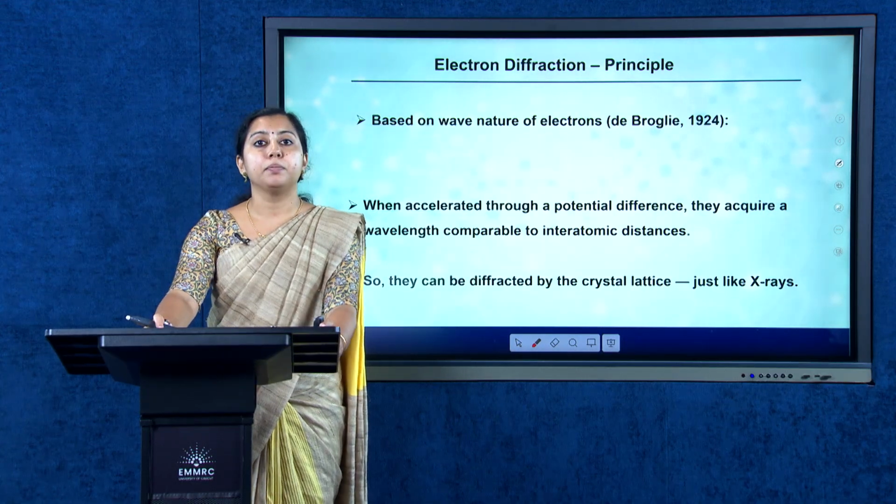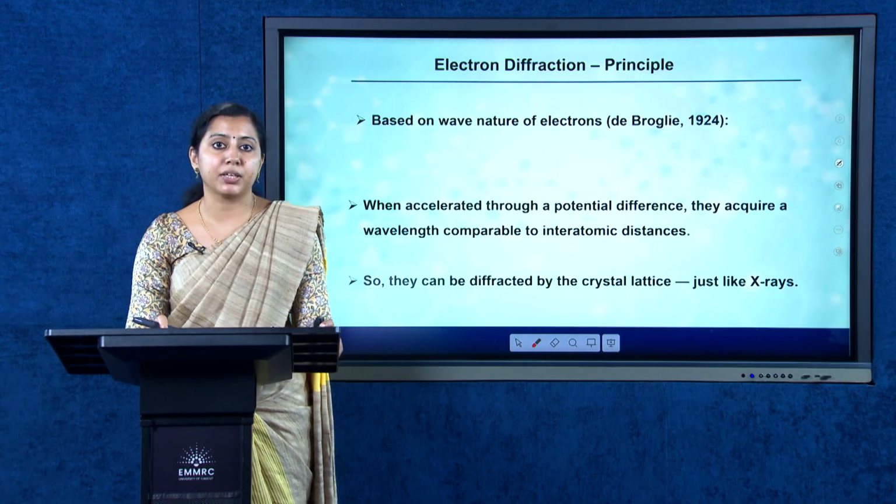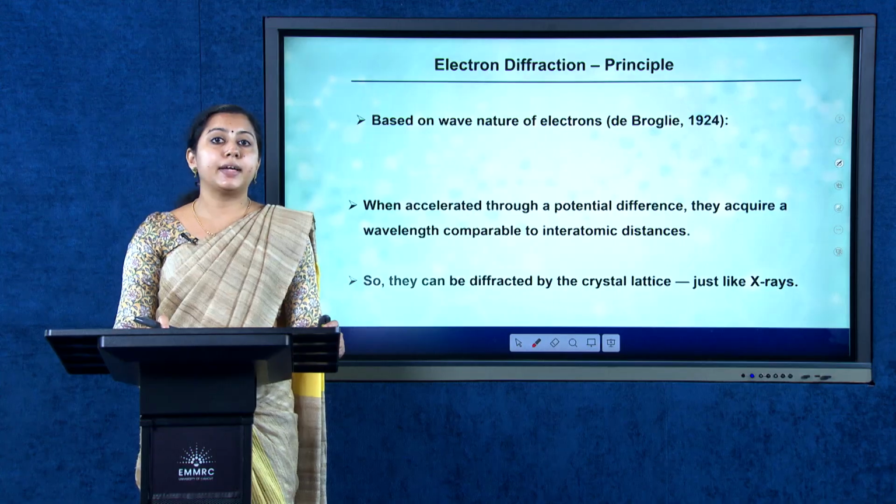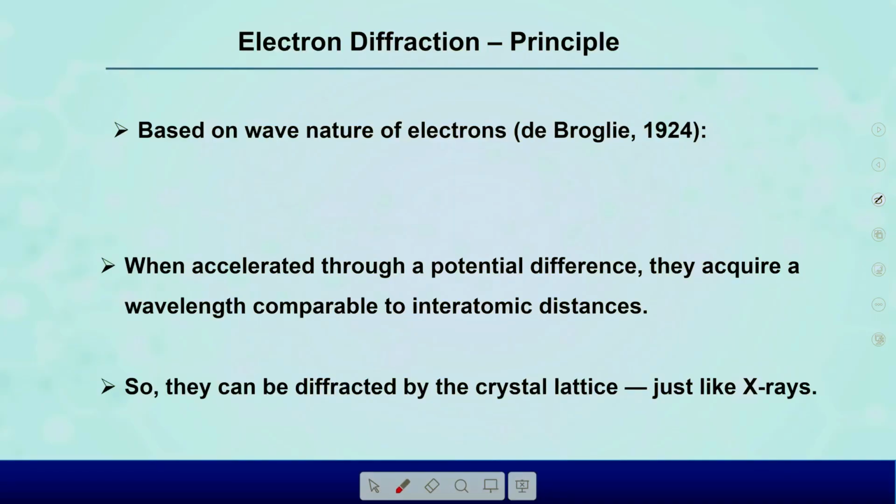So, let us begin with electron diffraction. The diffraction of electrons is based on the wave nature of electrons as proposed by de Broglie, that is the de Broglie hypothesis in 1924.